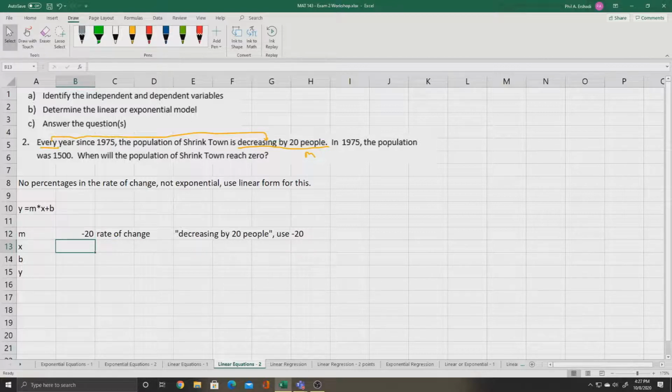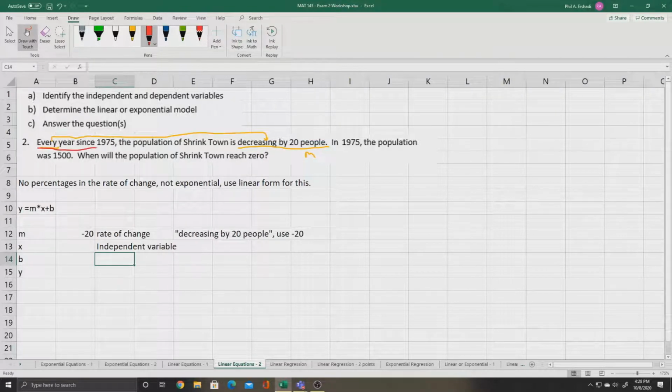Now x is our independent variable. So we have to think about what this depends on. Now the question says that these number of people that leave Shrinktown are changing every year since 1975.